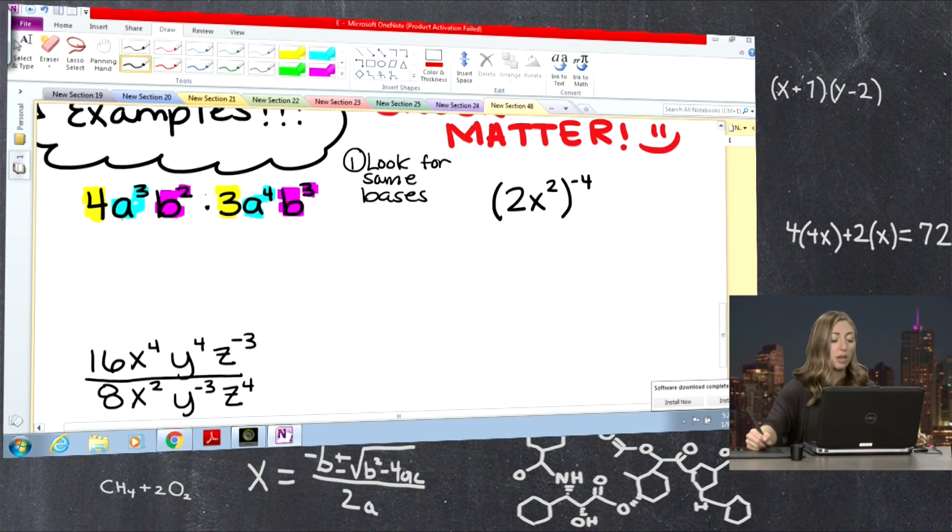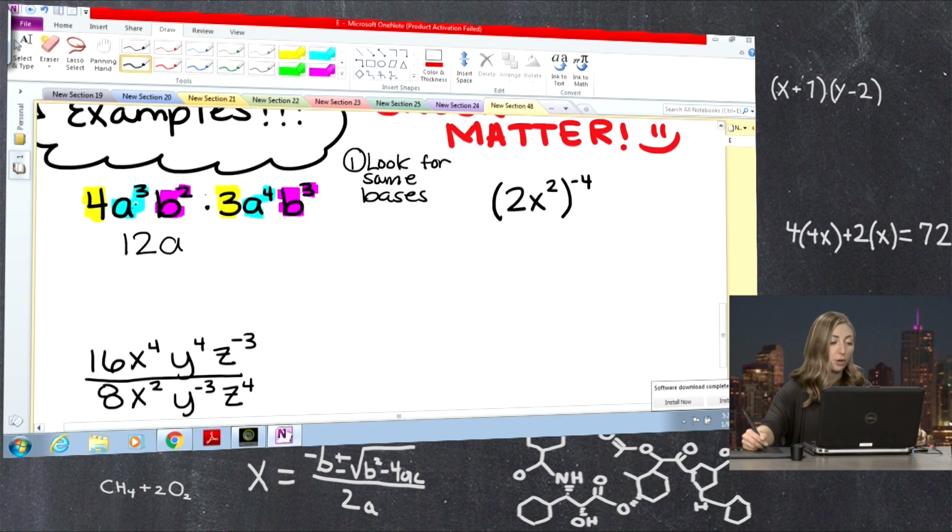When it comes to numbers, the coefficients, sometimes a lot of people have issues with those. We just treat them like normal. We have 4 times 3, so that's just going to give us 12. Over here with the a, I have a to the third times a to the fourth. Well, if you remember our product property, we are going to add our exponents.